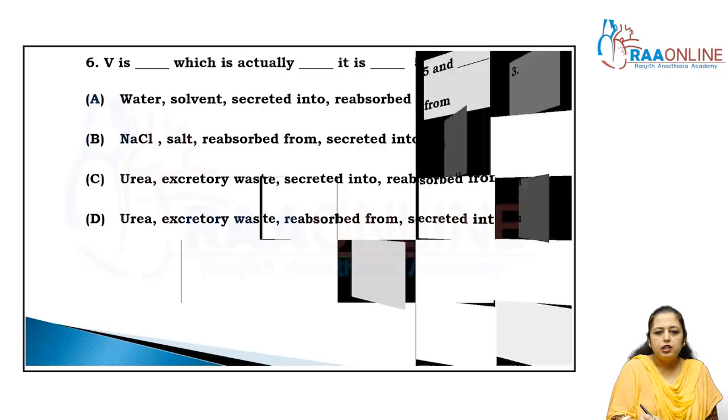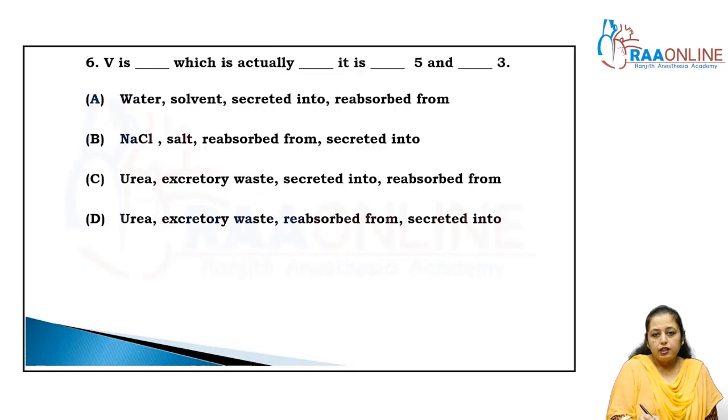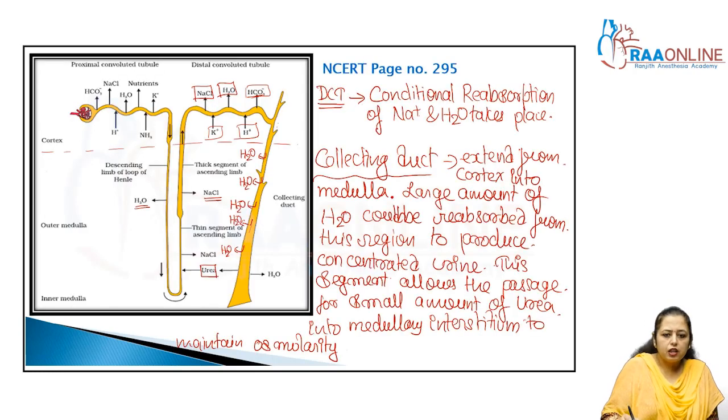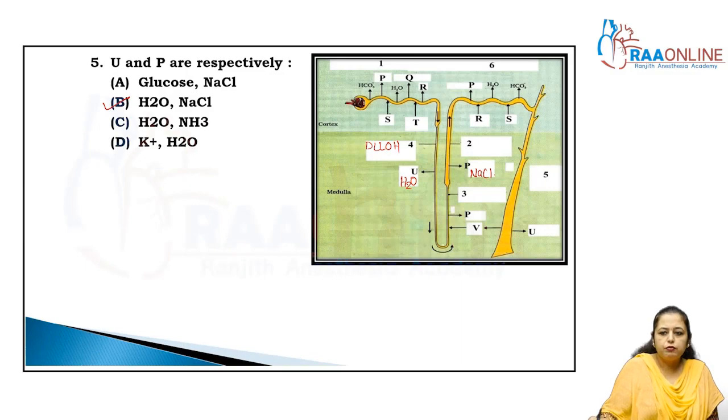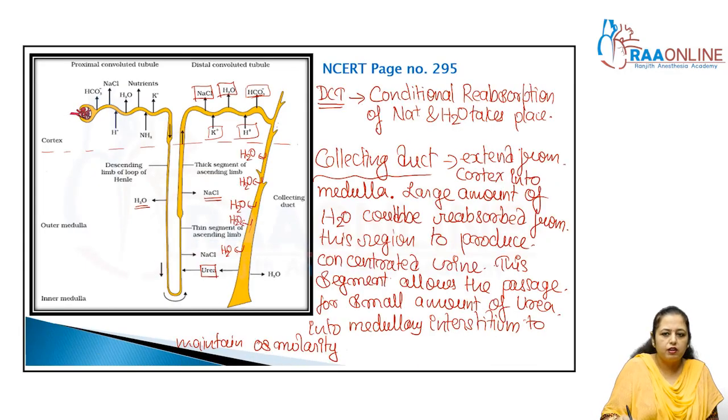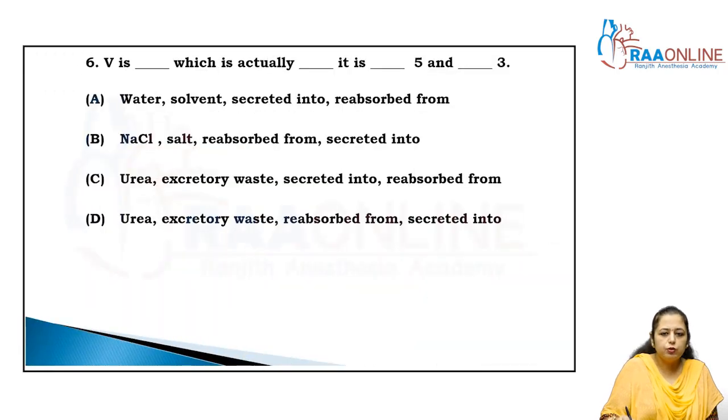Now come to the next question, that V, which is actually 5 and 3, right? That V we are talking about is urea, right?